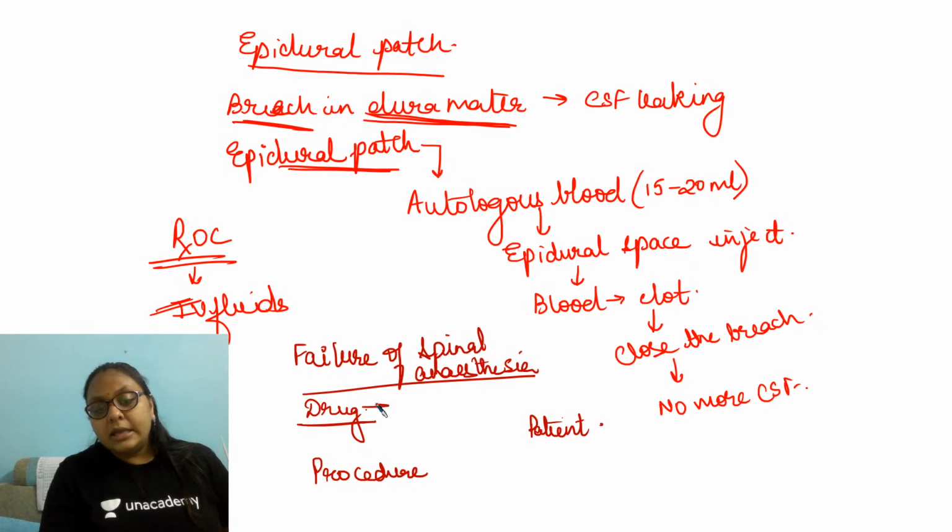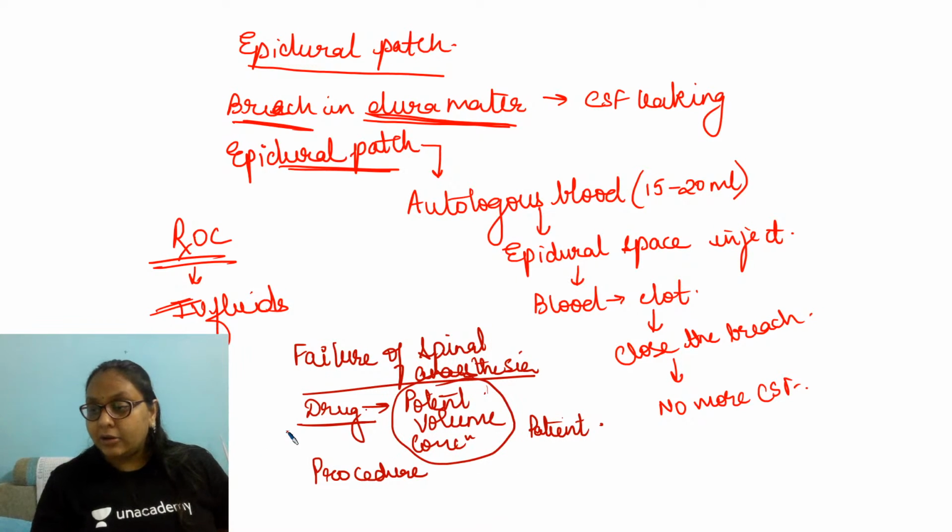If the drug is less potent, if the volume is not proper, or if the concentration of the drug used is less, then it can cause failure of spinal anesthesia.